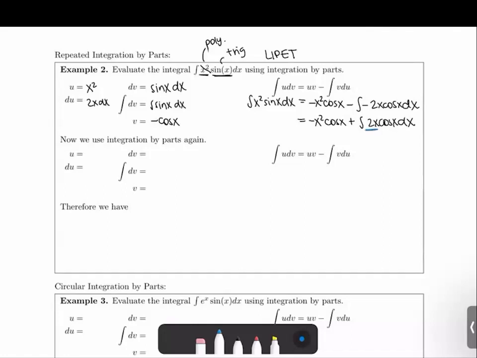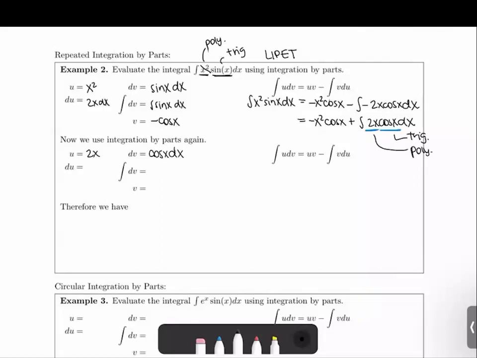We have our first part of 2x and our second part of cosine. Again, identifying these parts, cosine is a trig function and 2x is a polynomial. Using our acronym LIPET, our u is going to be that 2x, and our dv is going to be everything else, which is cosine of x dx.